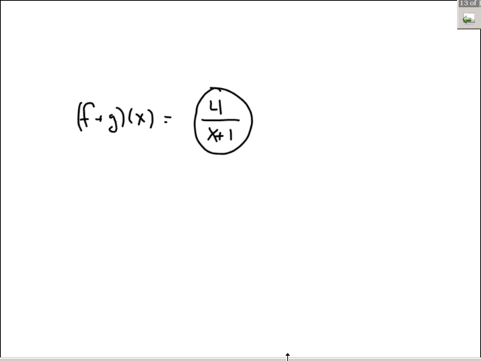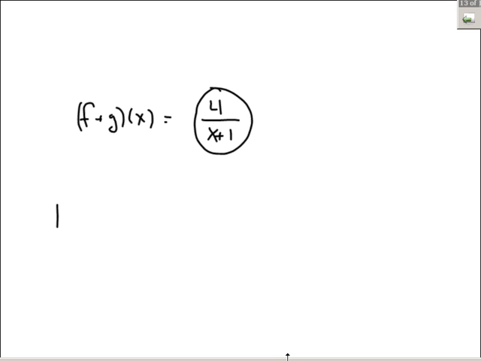You just won't have all the answers. If after calculating f plus g of x, you get something like 1 over x plus 1 or 4 over x plus 1, this has a restriction, negative 1. x can't be negative 1.